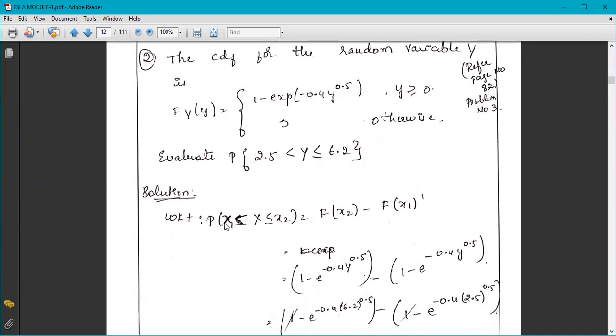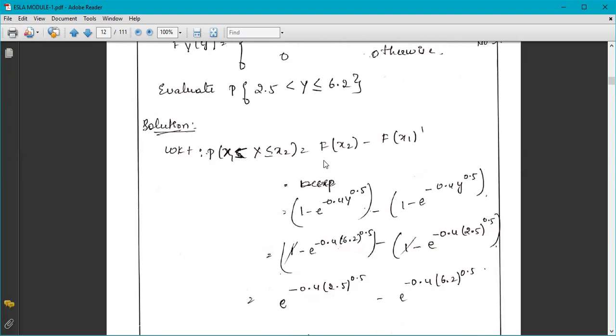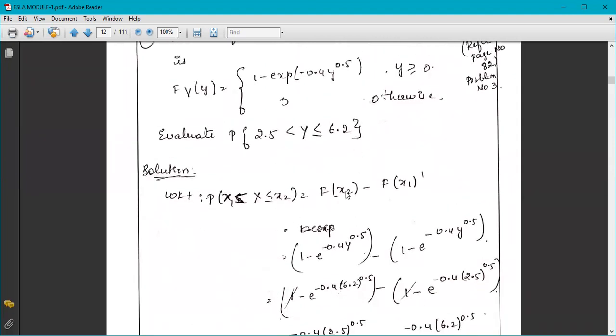We already know that the probability of x1 less than x less than or equal to x2 is equal to F of x2 minus F of x1, which we already proved in the previous class. Substitute in place of F of x2.